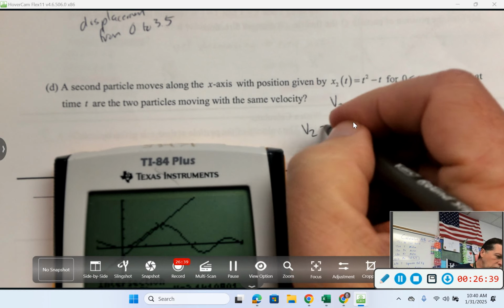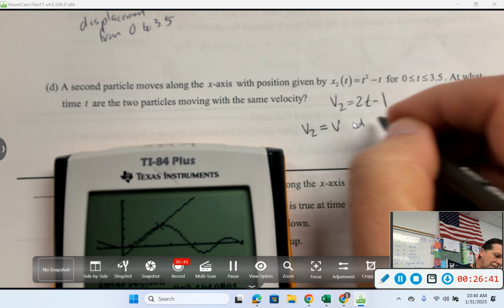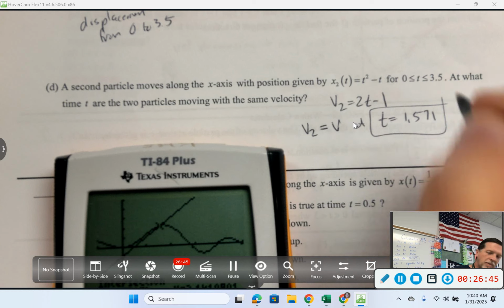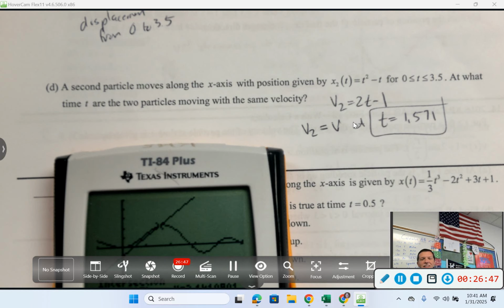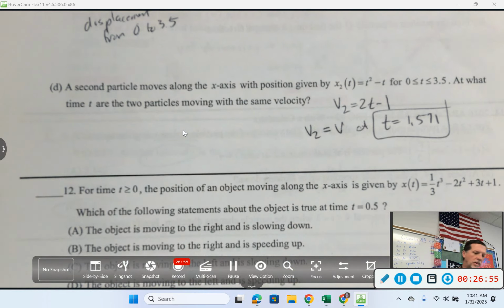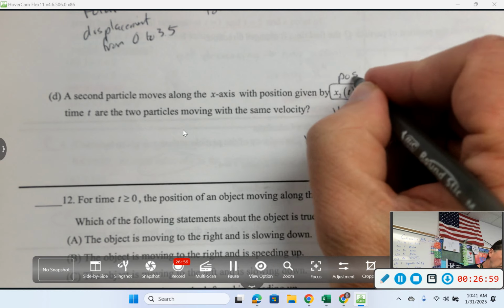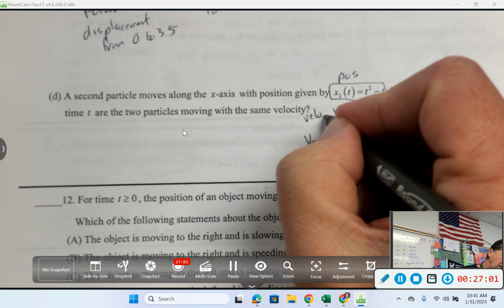So V2 equals V at 1.571. So that part D was an easy one if you recognize what they gave you. On these, you've got to be super careful about what they give you and what they ask.